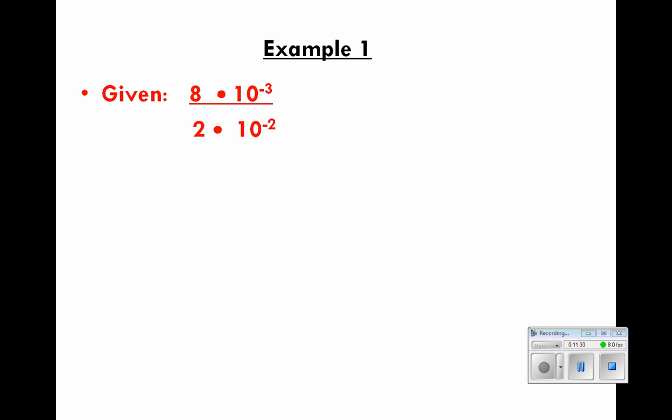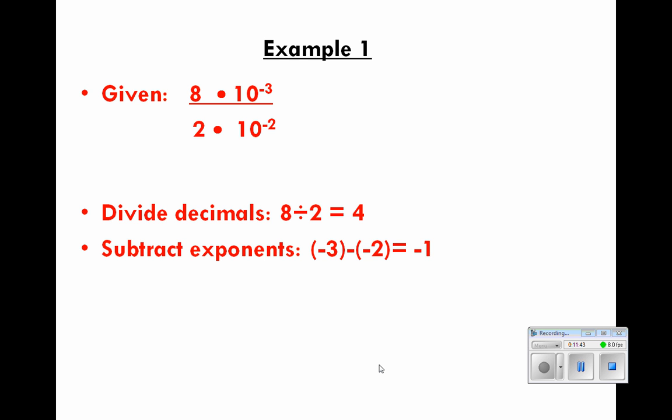Just divide your 8 by 2, which is 4. Very good. And then you divide 10 raised to negative 3 by 10 raised to negative 2. So you have to subtract the exponents because we're dividing. You keep the base, subtract the exponents, negative 3 minus a negative 2. It will give me a negative 1. So you will have 4 times 10 raised to negative 1. Since this is already in scientific notation, we don't need to convert this. This will be your final answer.